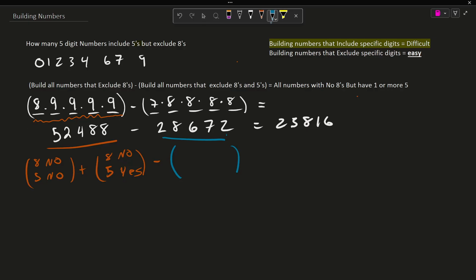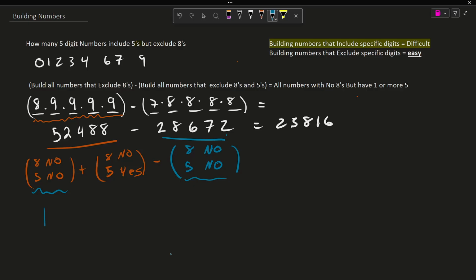So over here, I've this teal set of numbers. All of these numbers have 8's, no, and 5's, no. I built this blue set of numbers such that it has no 8's and no 5's. So it's basically this concept and this concept are equal.